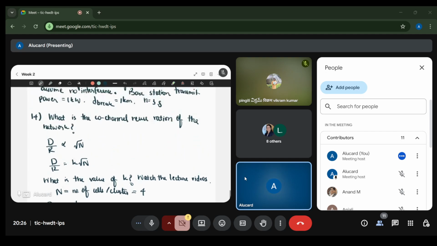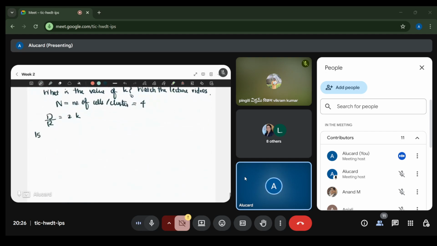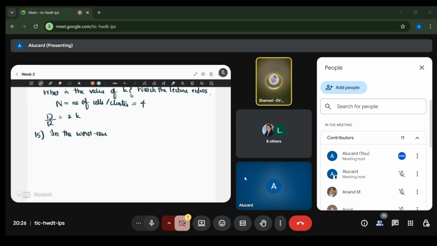Then question 15 says, in the worst case, huh? Yes, yes. Your audio is cutting off.